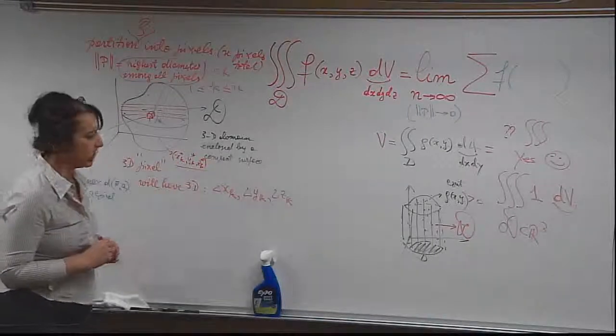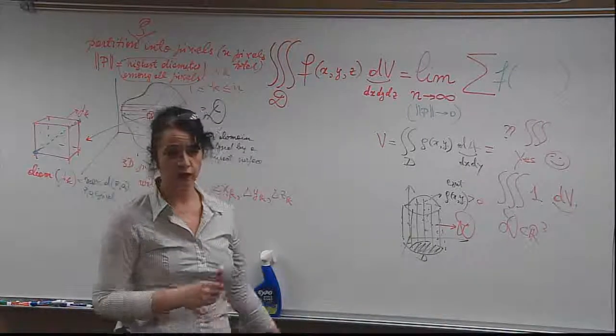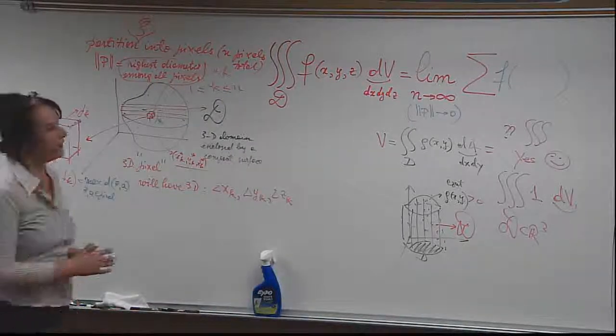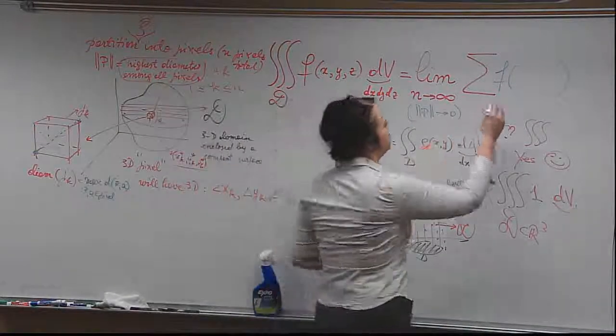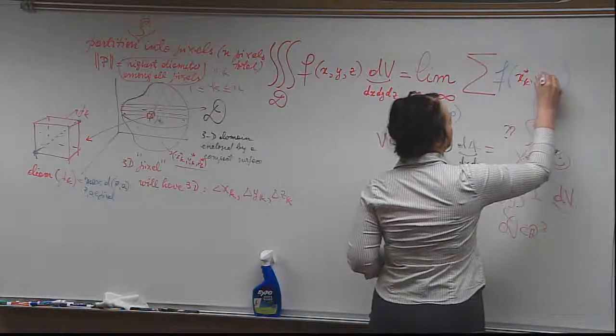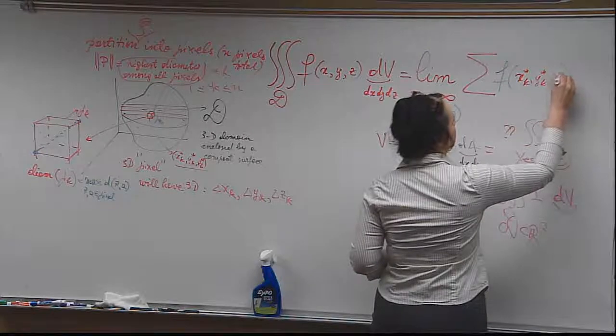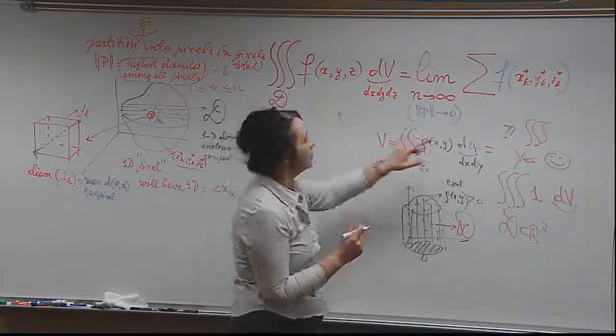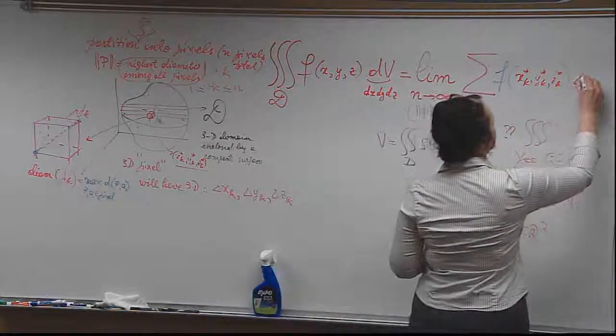Why do we put a star? Because he is a star. He wants to be number one in his little domain. He says, I'm a star. So we take that intermediate point, xk star, yk star, zk star. Then we have this function multiplied by the delta Vk.